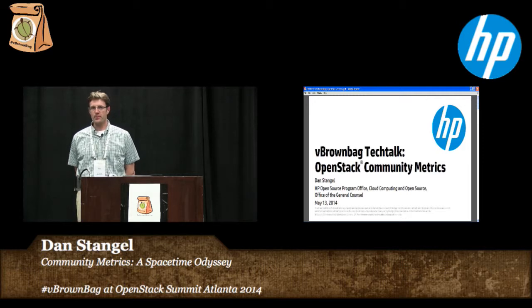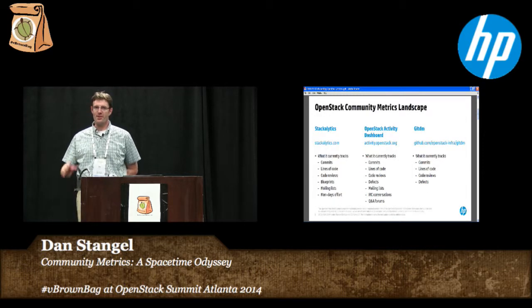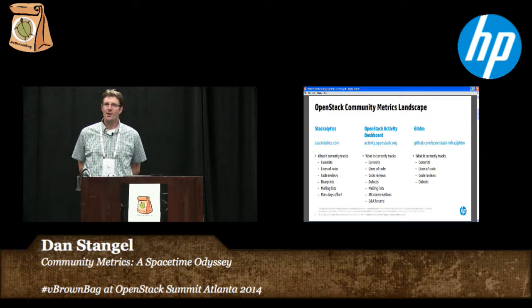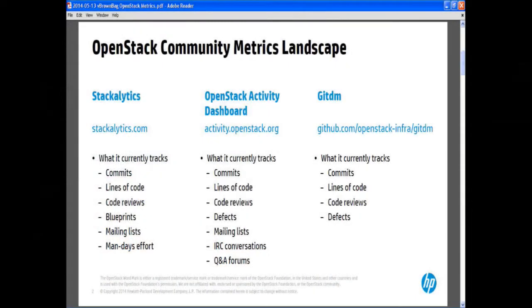At the moment there's an interesting landscape of open source projects that are designed and geared towards measuring OpenStack community contributions, that is to say code, code reviews, defects, and other information. There are actually 3 projects. One of these is called StackAlytics.